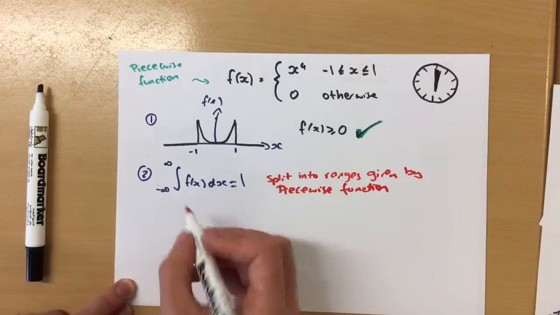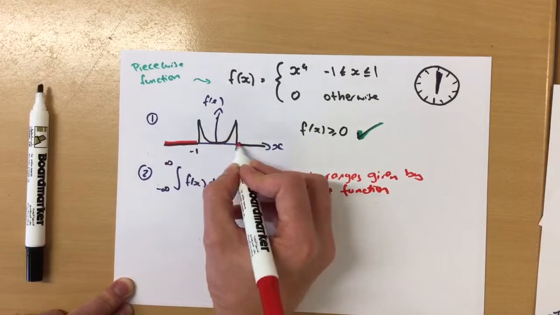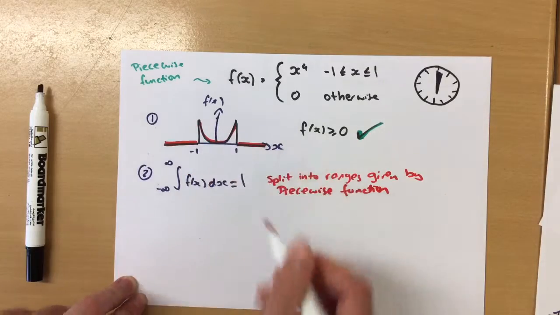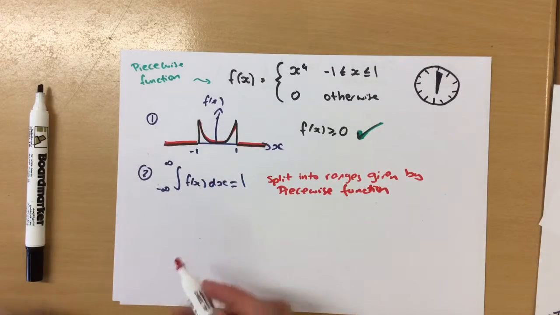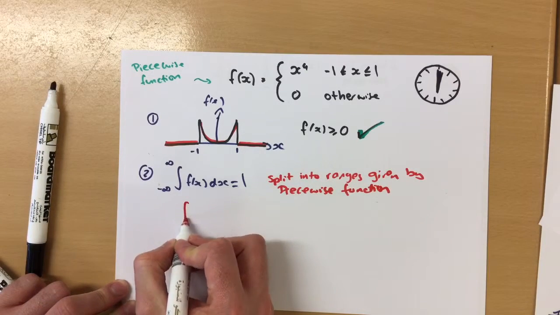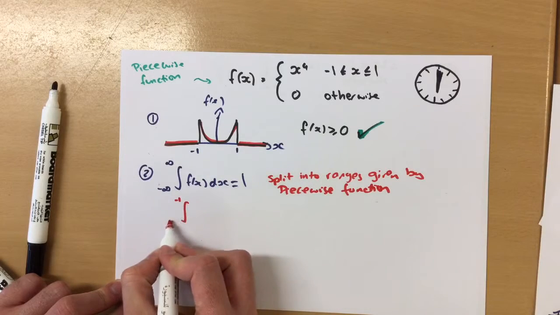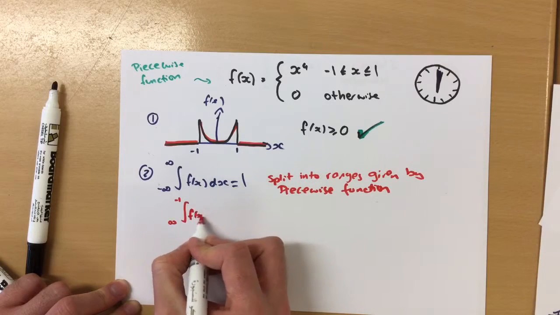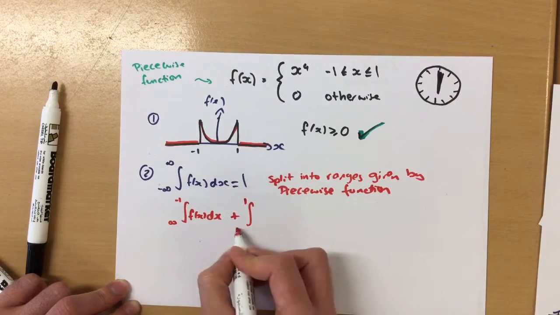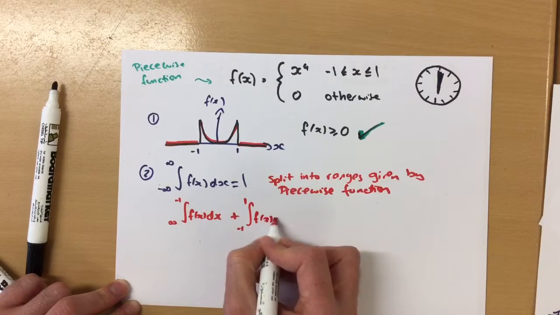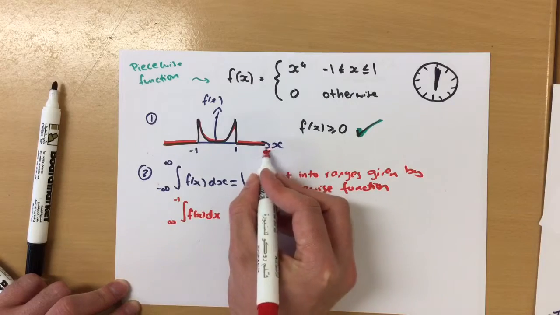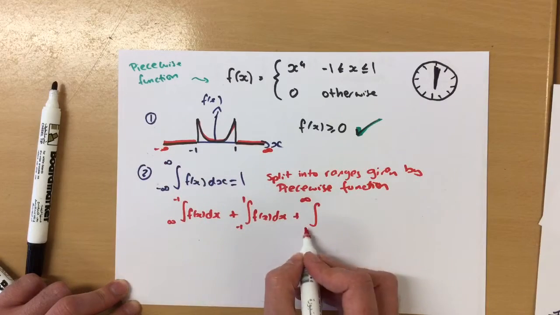You can see these bits in our graph as well: the bits either side of 1 and -1, and the bit in between. There are our 3 distinct sections. So we need to find the area, and you have to write this all down, between minus infinity and -1, add to that the area between -1 and 1, and add to that the area between 1 and infinity.